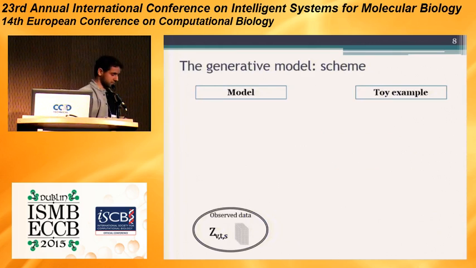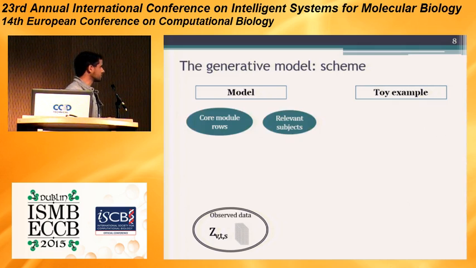In this work, we have developed a Bayesian generative model that explains the data, given the assumption that we have one module at a time. This is the observed data, which we call Z. V is a measured object, T is a time point, and S is a subject. I'm just going to give a brief intuition of how the model looks.